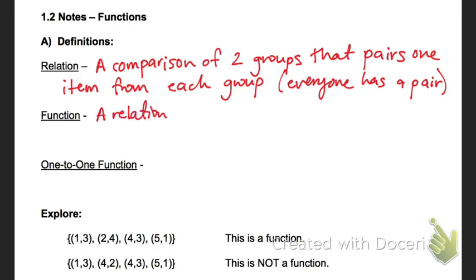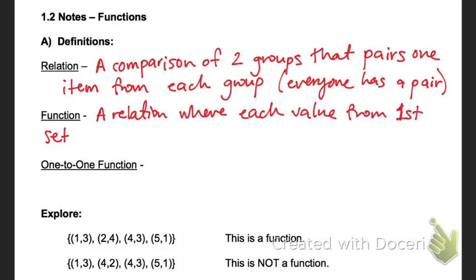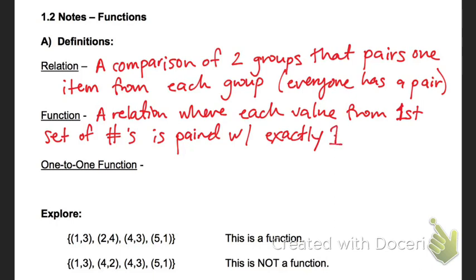It's a type of relation where each value from the first set of numbers is paired with exactly one number from the second set.